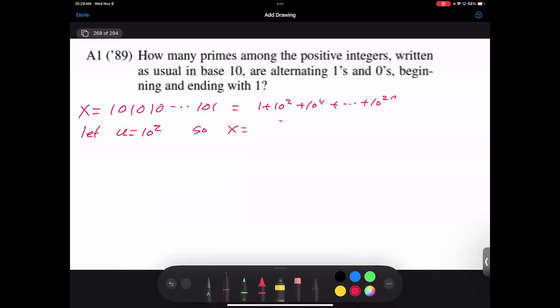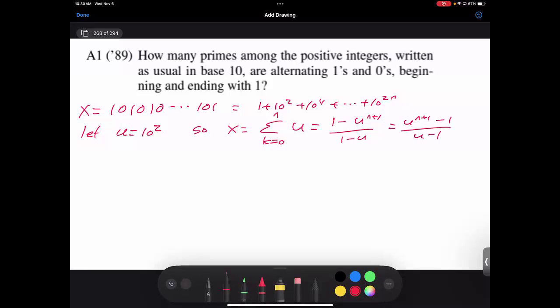So x is going to be the sum, k goes from 0 to n, of u to the k. And that's going to be 1 minus u to the n plus 1 over 1 minus u. That's the finite geometric series formula, which is the same as u to the n plus 1 minus 1 over u minus 1.